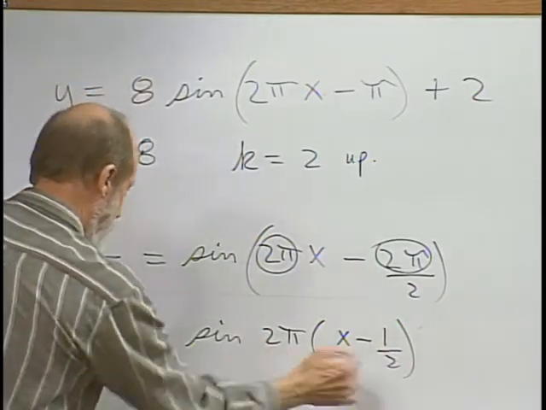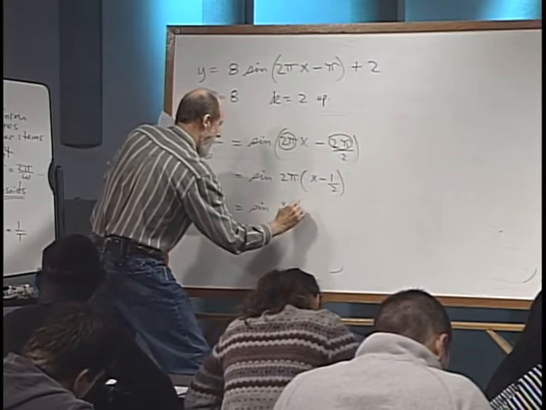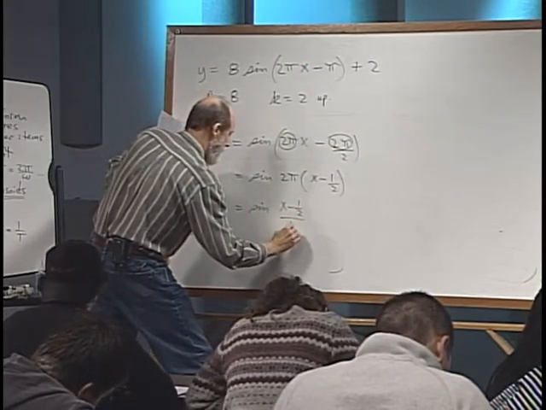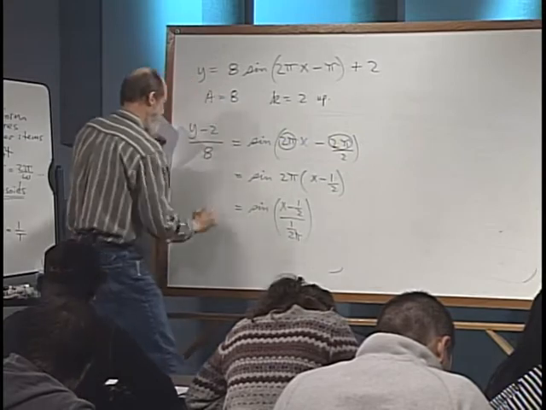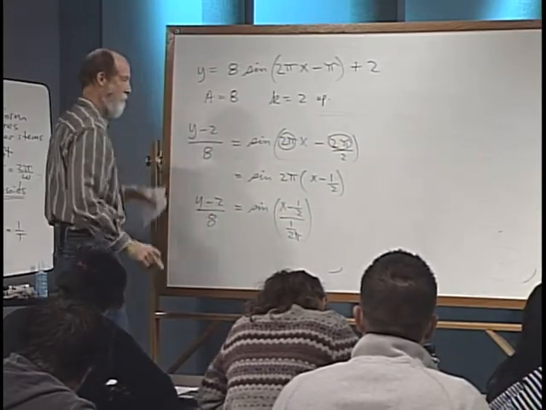Then I'm going to move my 2 pi down underneath, as the reciprocal of 2 pi. And now I have it in the form that I've been showing you earlier.